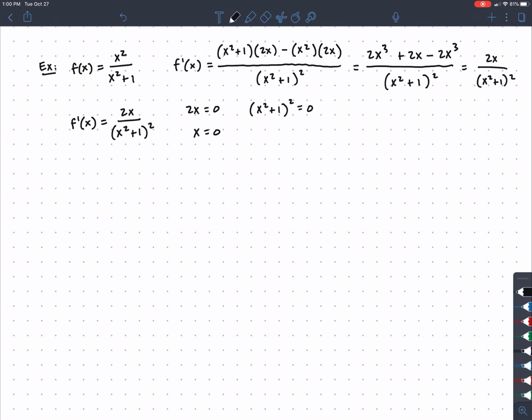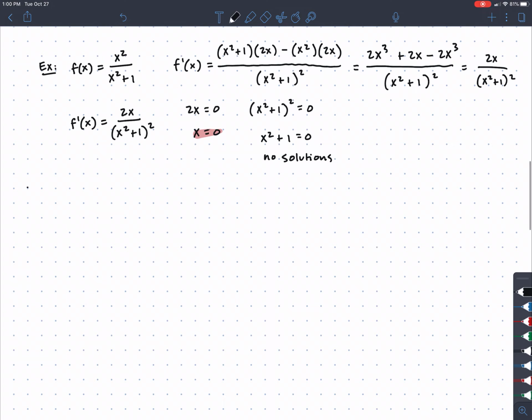So taking the square root of both sides, x squared plus 1 equals 0, and you should notice that this has no solutions. So we only have an x-intercept for this function.